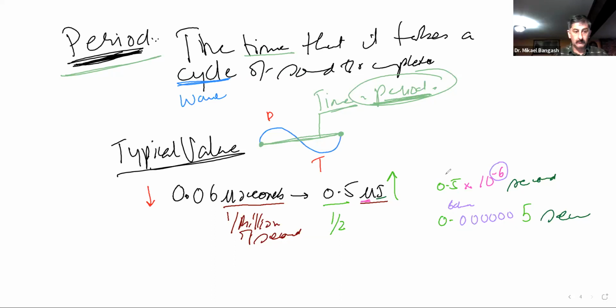We want to write it as a whole number. So it becomes 5 times 10 to the power of the minus 6, plus, since we converted the decimal number into a whole number, minus 1, which ends up with minus 7, of a second.